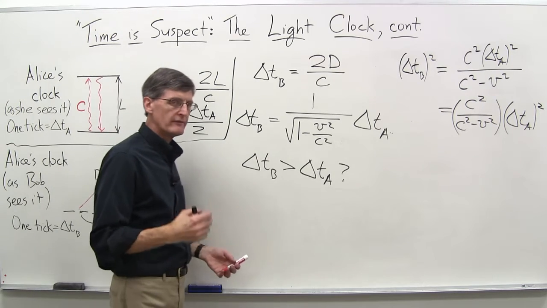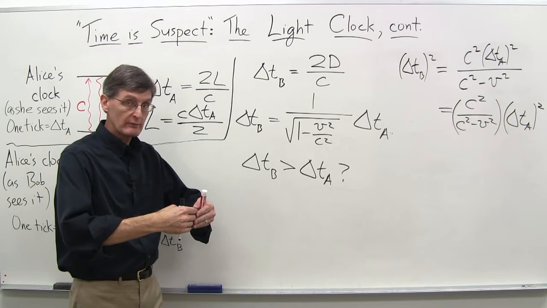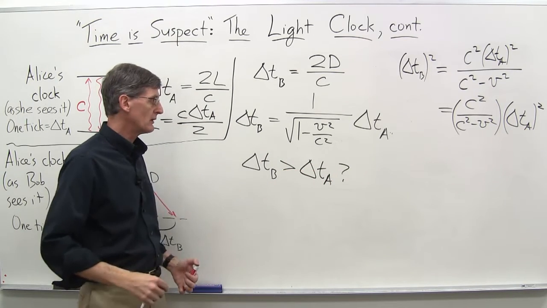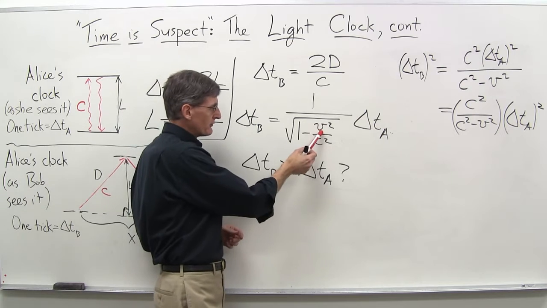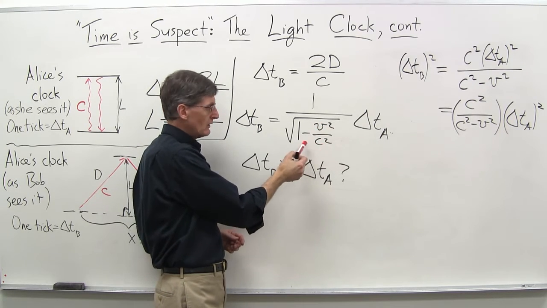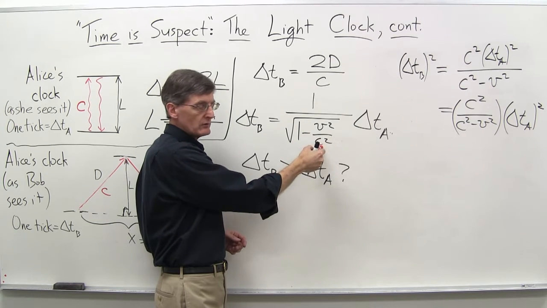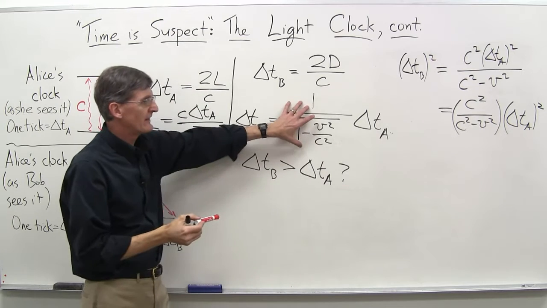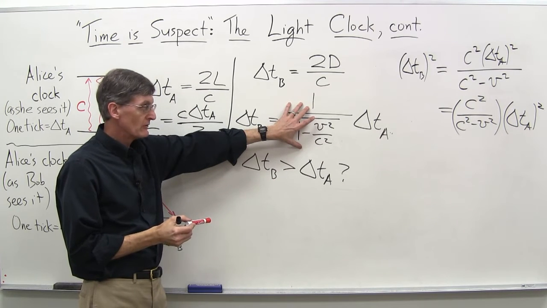Let's think about another extreme case. What happens if v equals c, if Alice is actually going at the speed of light? Well, if v equals c here, I've got c squared over c squared then. That's 1. 1 minus 1 is 0. I've got a 1 divided by 0 situation. This is infinite. So that's a problem.